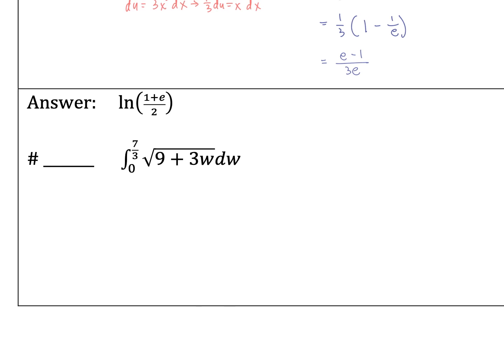Okay, so if we make the inside of this root u, the derivative of 9 is 0, so the derivative of 3w is 3dw, and that's perfect. The only thing on the outside is a dw, so that'll work.